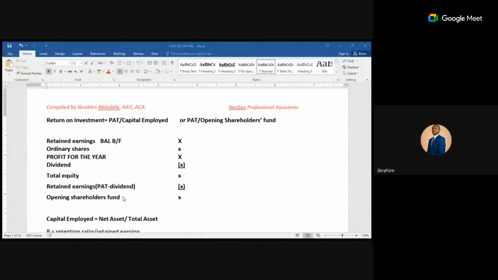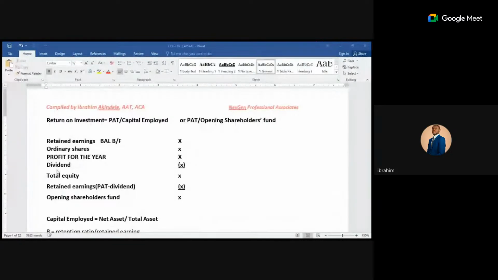We will not give you that leverage that you want to use. Do you understand? They will give you an extract that this is the retained earning, this is the ordinary shares, or they will not even give you the profit for the year or dividend. They will just tell you that this is the retained earning, and you will have your total equity.